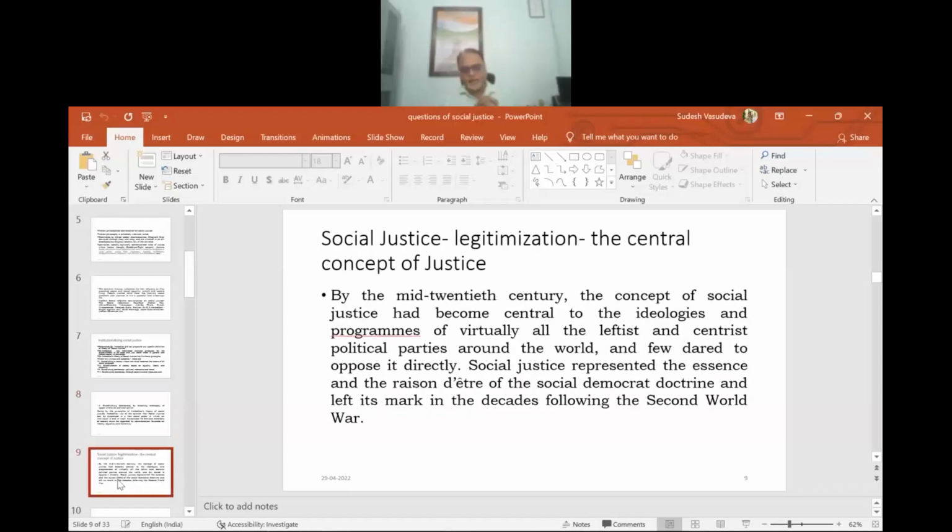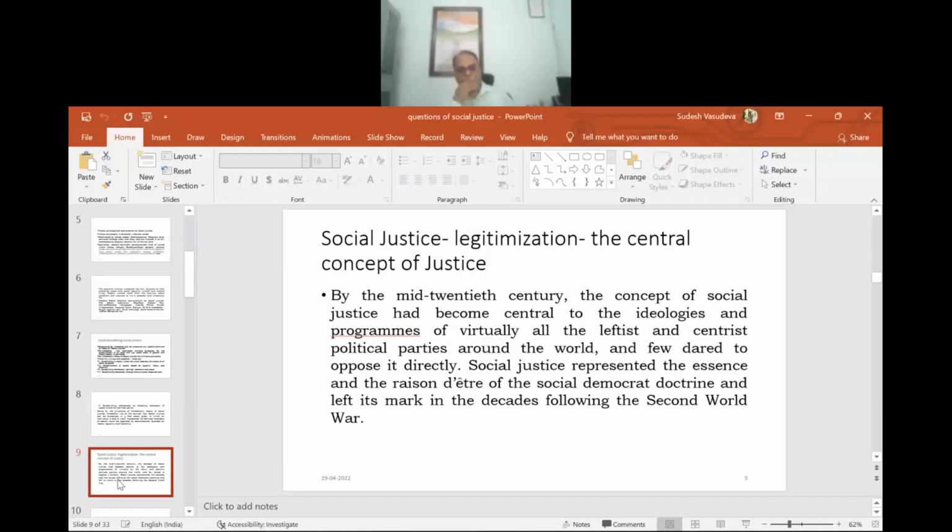As I said earlier, the concept of social justice now came to be legitimized as a central part of the concept of justice itself. Earlier, whether it is Plato, Aristotle, or J.S. Mill, or Immanuel Kant, Bentham, there was only the notion of justice.